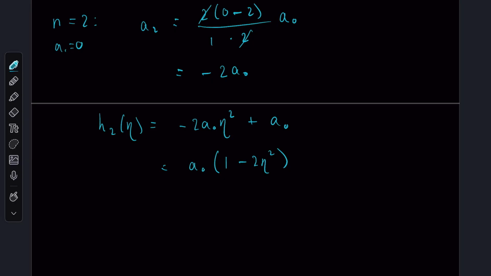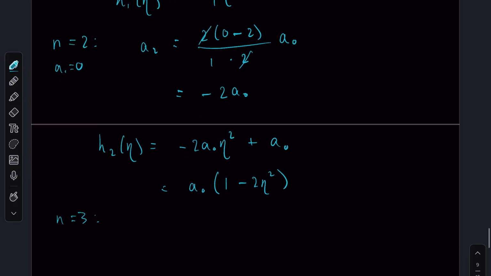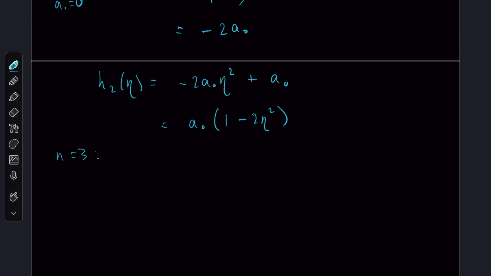Okay, and then we can keep going and do n is equal to 3, n is equal to 4, and so on. But you get the gist of it now. We just use this recursion relation, which is just entirely equivalent to the solution. And so just like that, we've obtained our wave functions, because we know our wave function is equal to h of eta times e to the negative eta squared over 2.